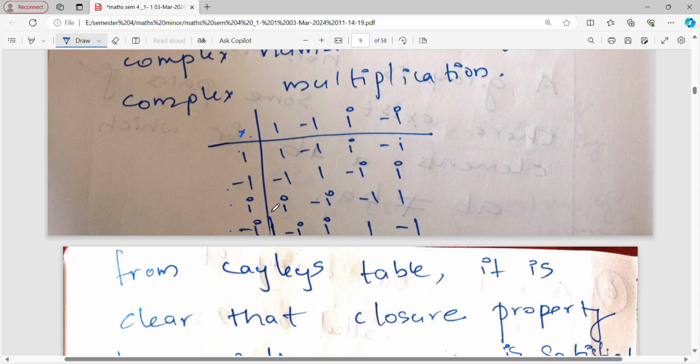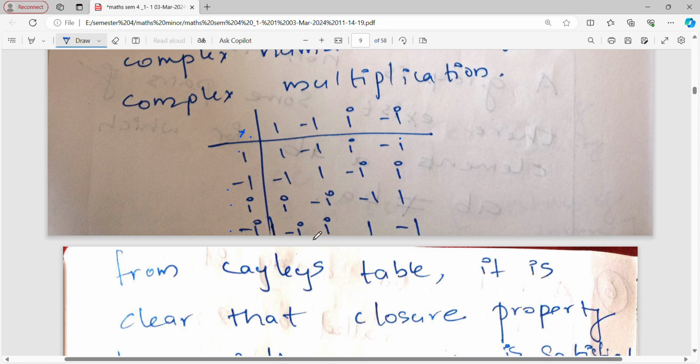Then i into 1 is i. i multiplied by -1 is minus i. i multiplied by i is minus 1, since i into i is -1. Then i multiplied by -i will be +1. Minus i multiplied by 1 is minus i.